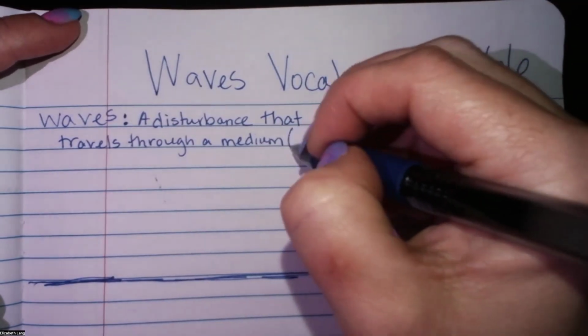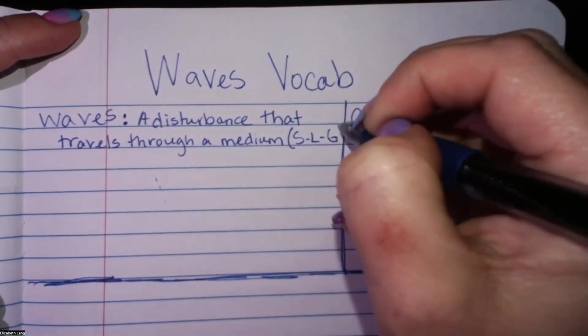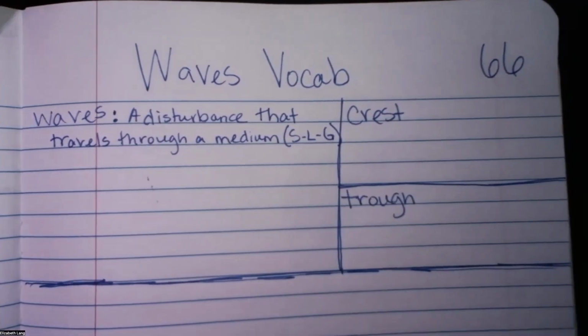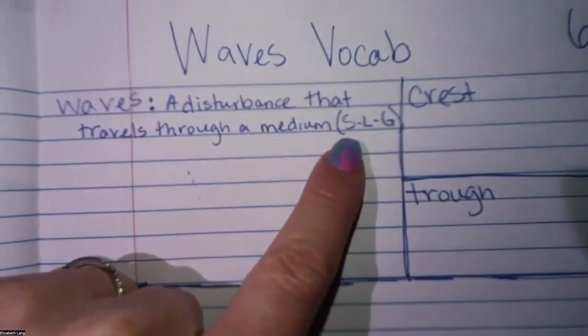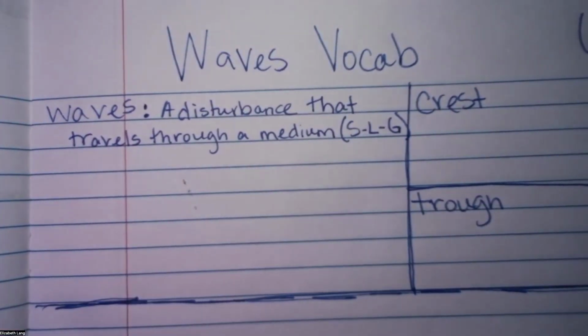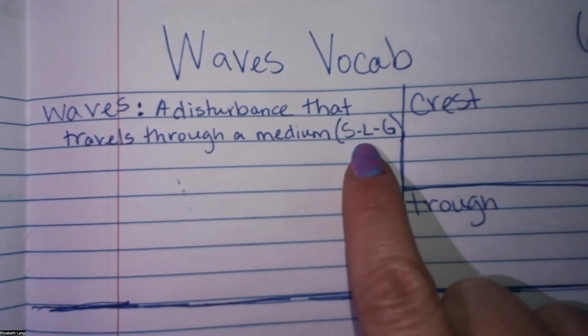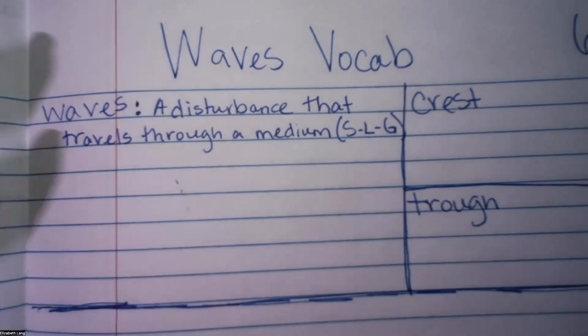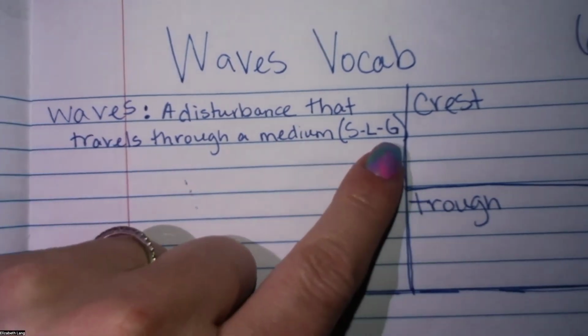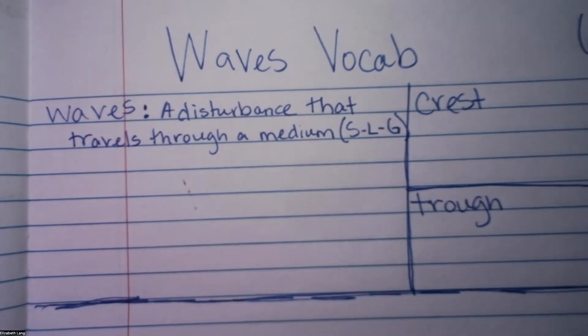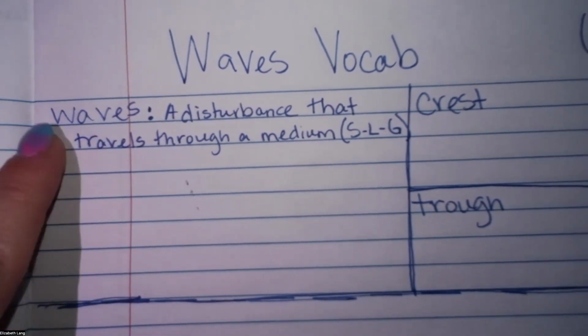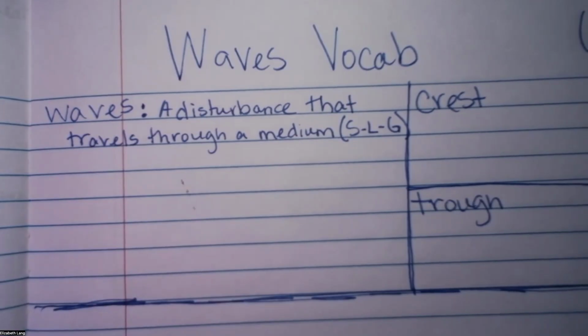And that medium can be solid, liquid, or gas. Solid if it's something like an earthquake, liquid if it's like a water droplet moving through, or even tsunamis. I mean, tsunamis are essentially earthquakes that travel through the ocean. And then gas. Gas is air, sound waves travel through gas. And then we also have electromagnetic waves that travel through the vacuum of space.